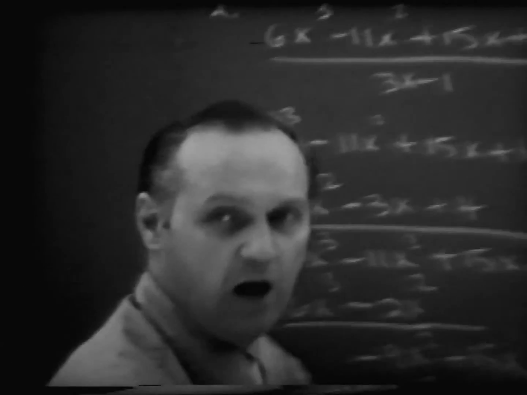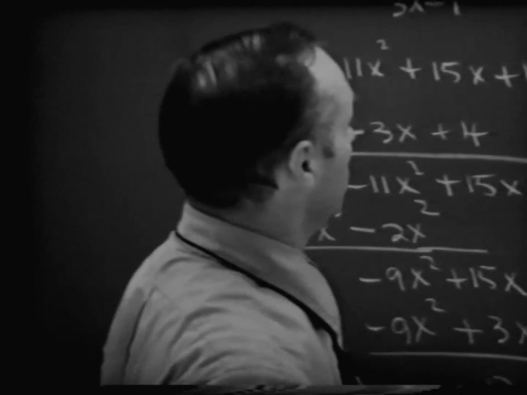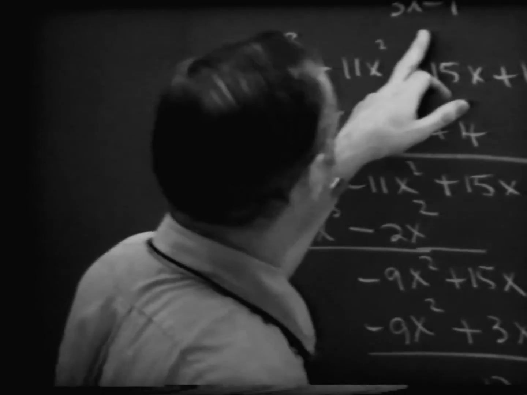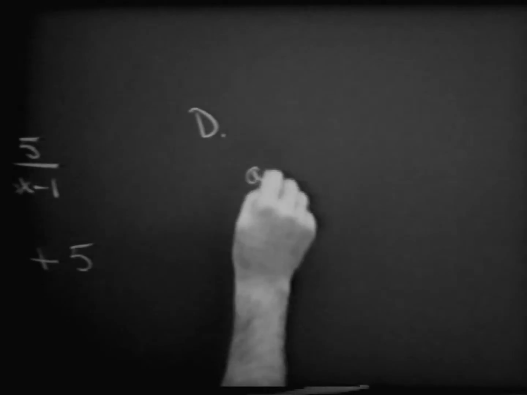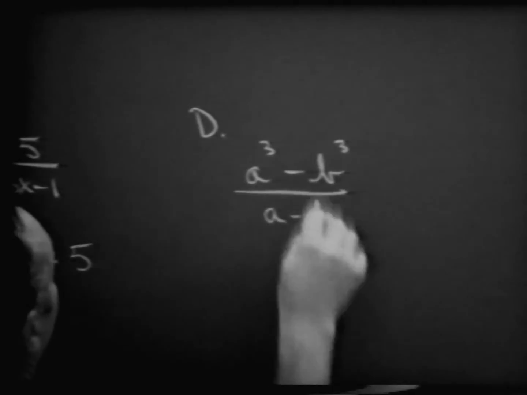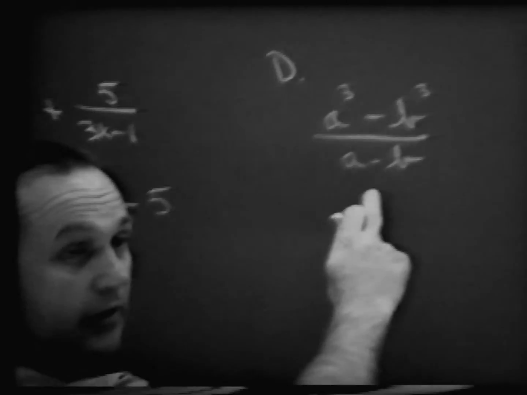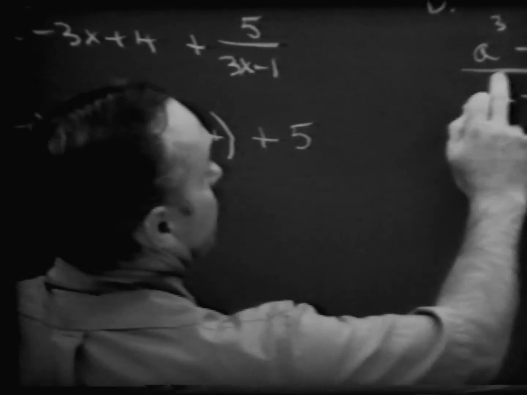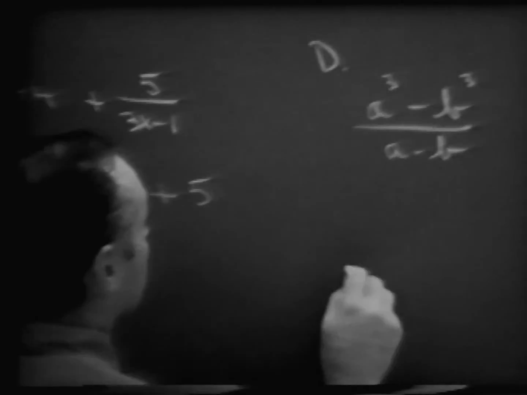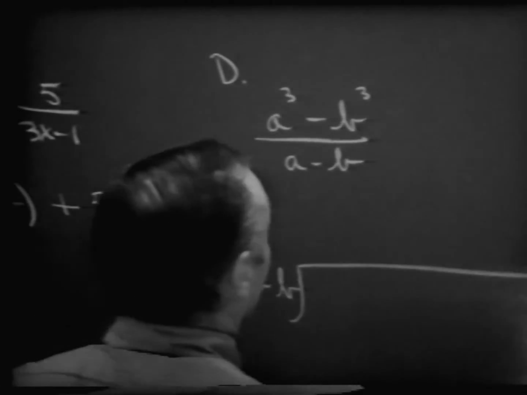And this division algorithm, I think you will find to be quite important as you try to simplify some of your expressions. Let's look at another example: suppose we had a cubed minus b cubed all divided by a minus b. This is similar. We have already factored a cubed minus b cubed, and this is simply going to reinforce what we have learned.